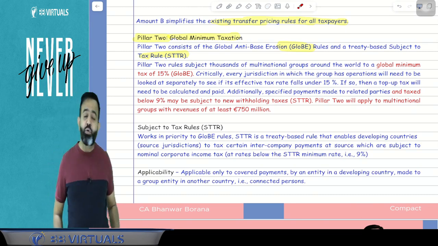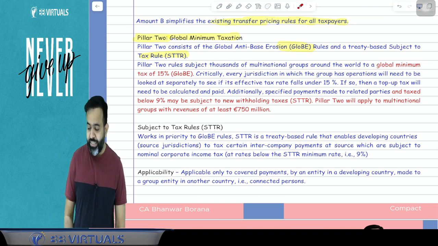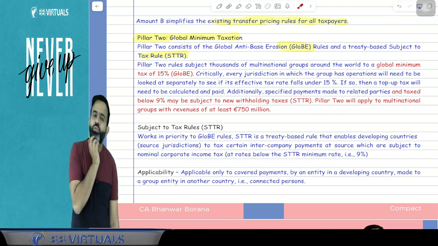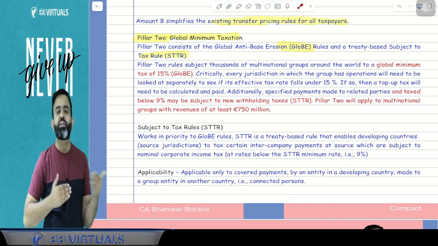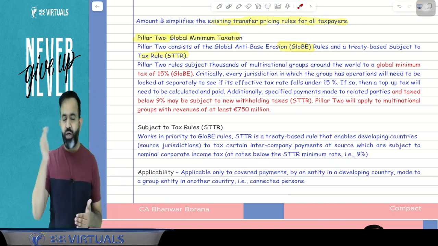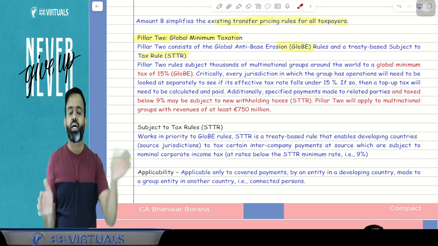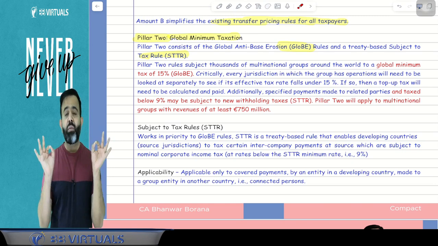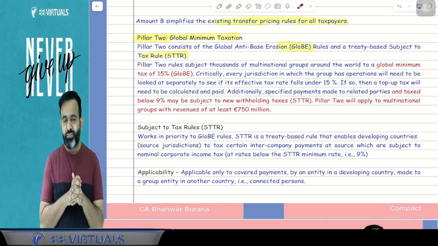Now guys, there is one more rule that is called STTR. STTR is the subject to tax rule. Now what is the subject to tax rule? The subject to tax rule says that whenever one associate enterprise makes a payment to another associate enterprise, then guys, there should be a minimum rate, and the STTR rate is 9%.